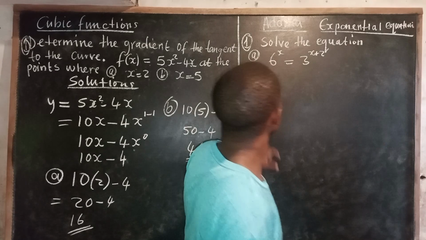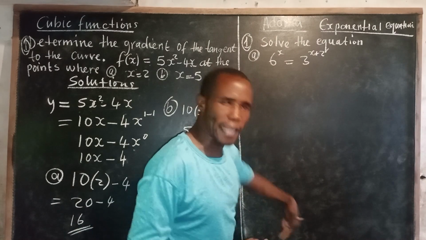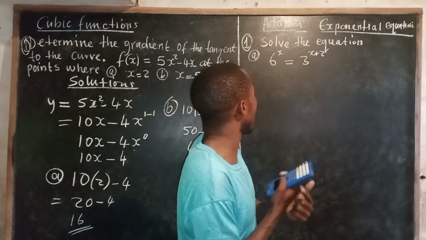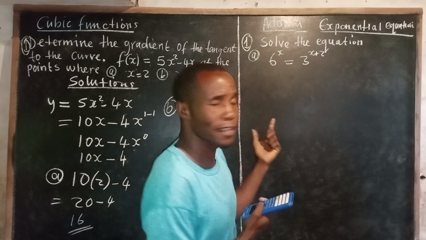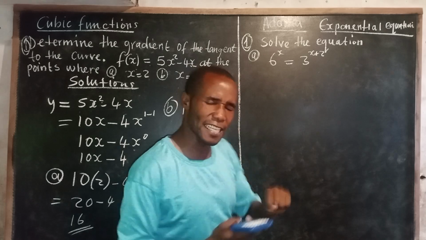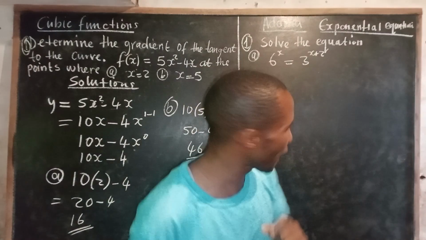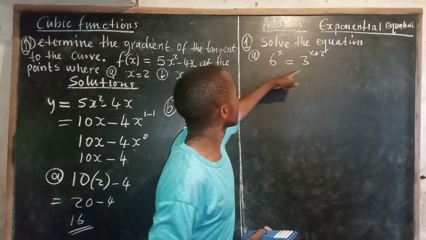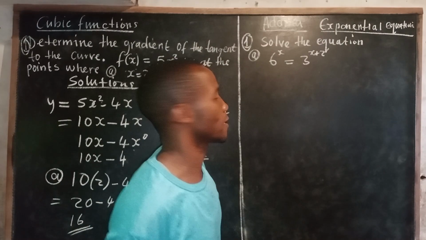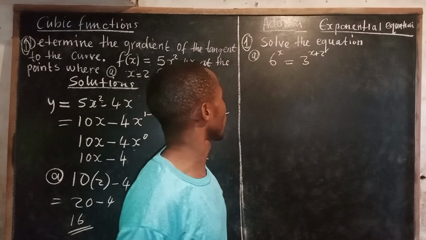For you to do that, the bases have to be equal so that they can cancel each other. In this case, I don't think we can write this 6 in index form with 3 as a base. It is not possible for that one.